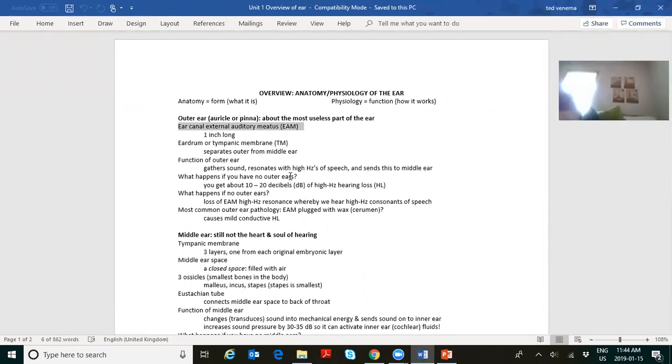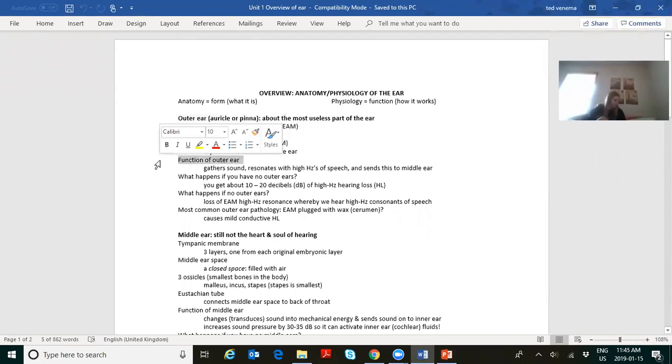Now in Latin, the word meatus means tunnel, okay? It doesn't mean meet us. Meatus means tunnel, E-A-M. So oftentimes your ear canal is called your EAM. It's about 1 inch long, 2.5 centimeters. Your eardrum is often called your tympanic membrane, and it separates the outer from the middle ear.